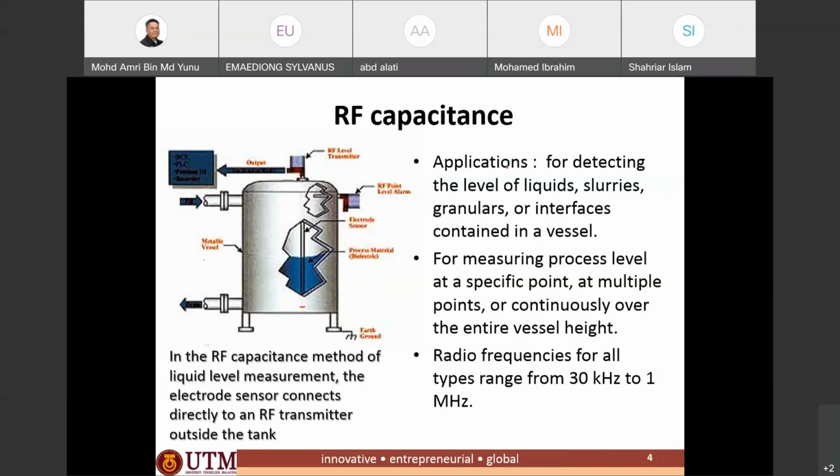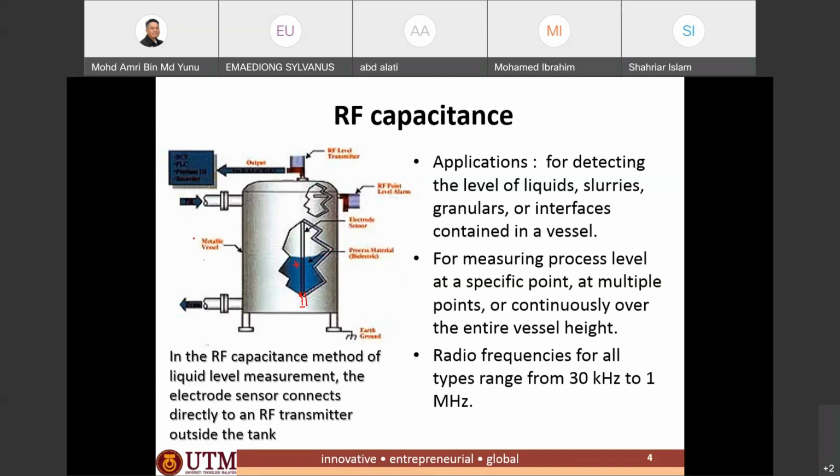In this RF capacitor, the main sensing electrode is in the middle, and it is connected to the positive potential.